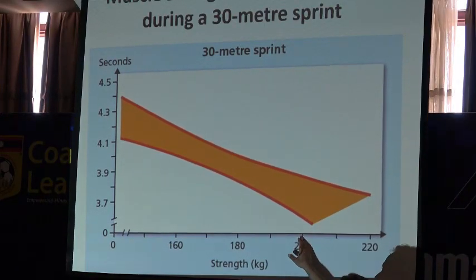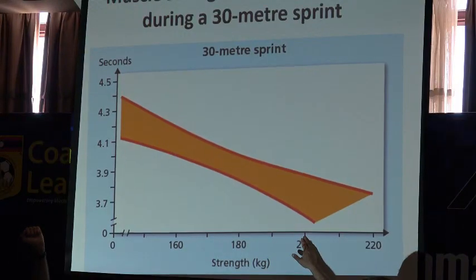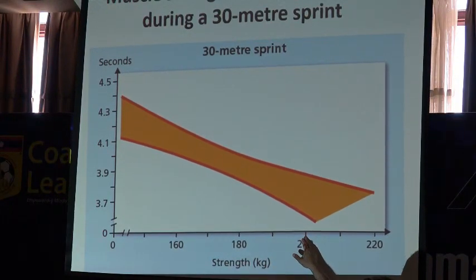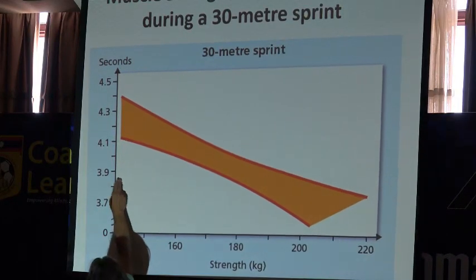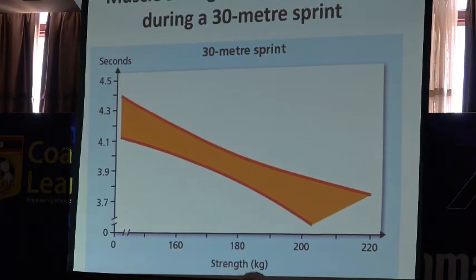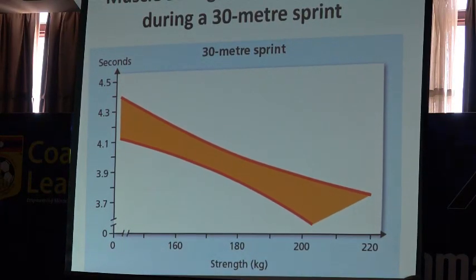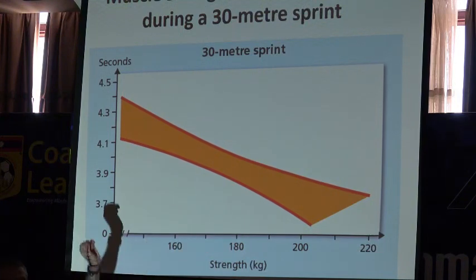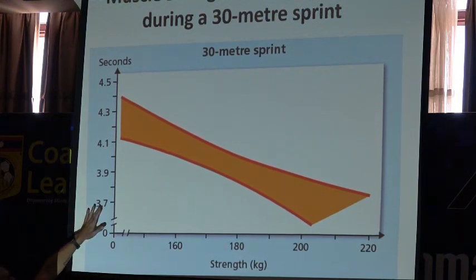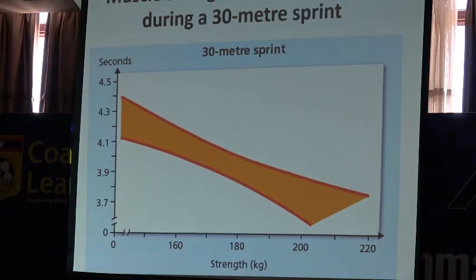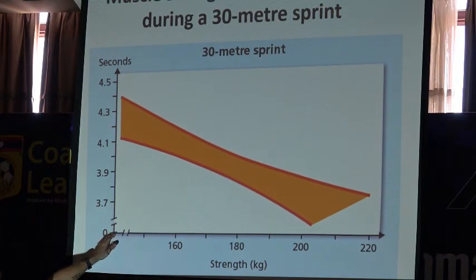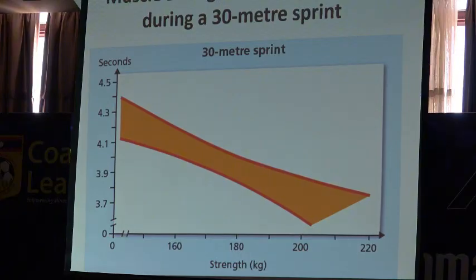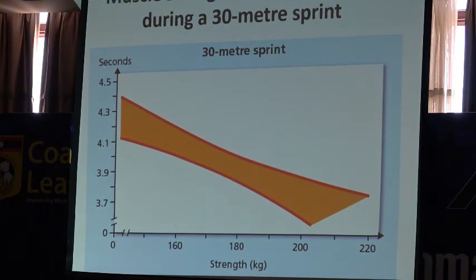If you can do 200 kilos in the squat lift, you will be within this area of speed in a 30 meter sprint. They're really fast.